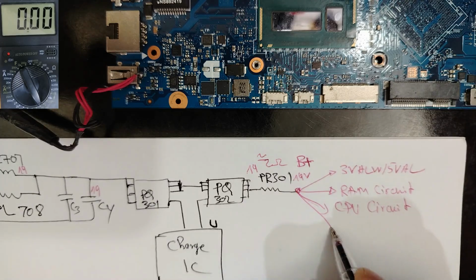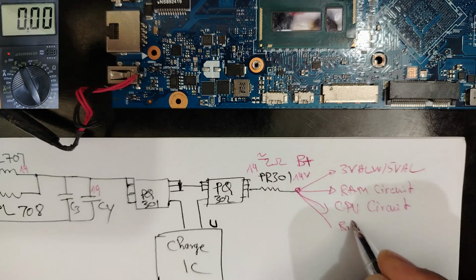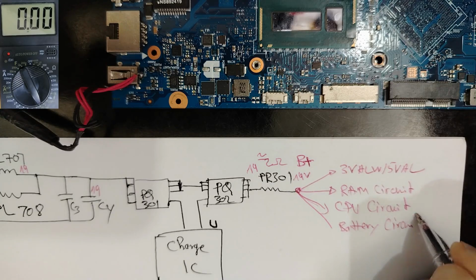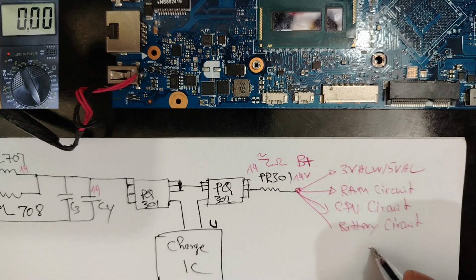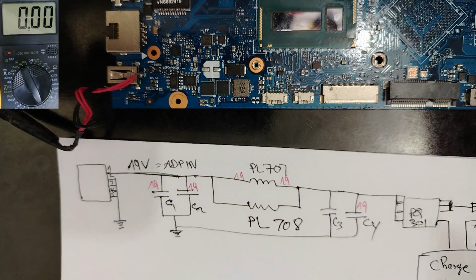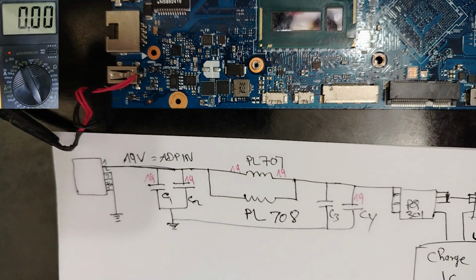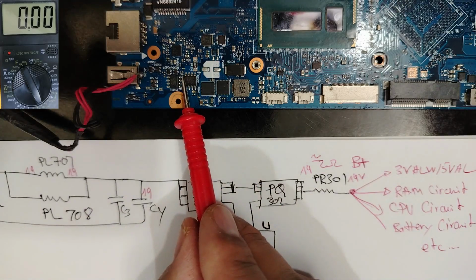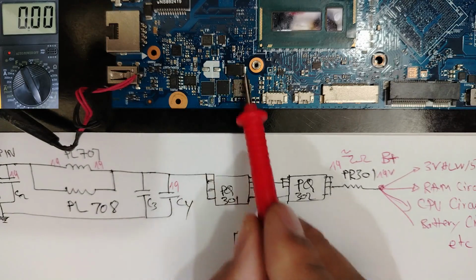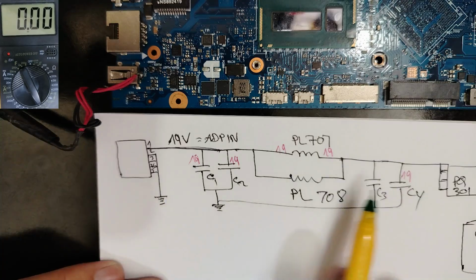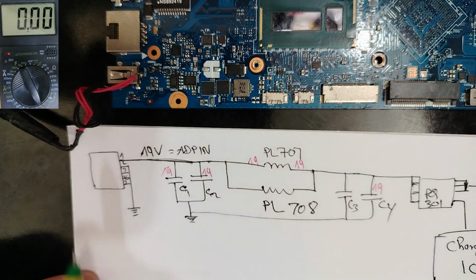Also the battery, let's call it the battery circuit or charge circuit, etc. All circuits in the motherboard. So do you see, guys? Now we draw the schematic. As you can see, for this motherboard, just by understanding how the voltage travel in this motherboard, the schematic is very clear than the motherboard.